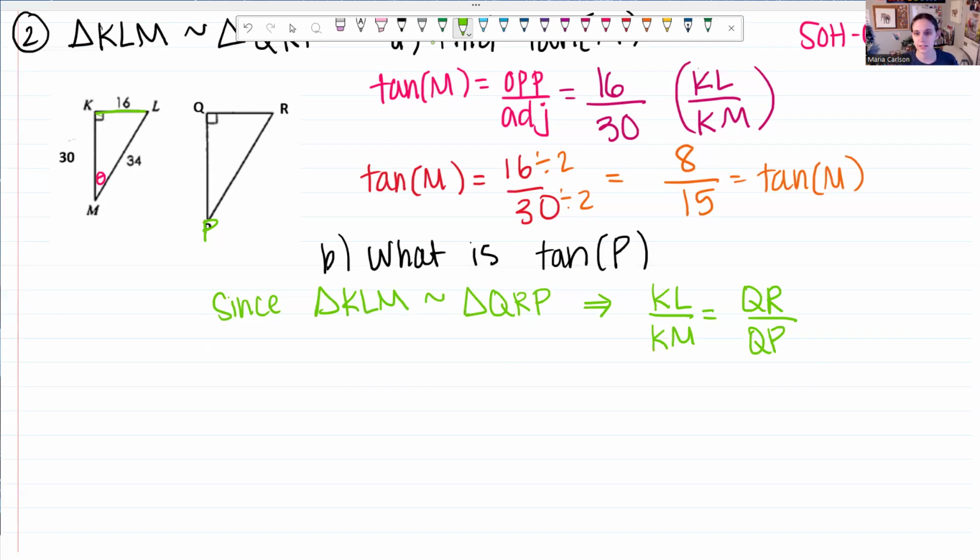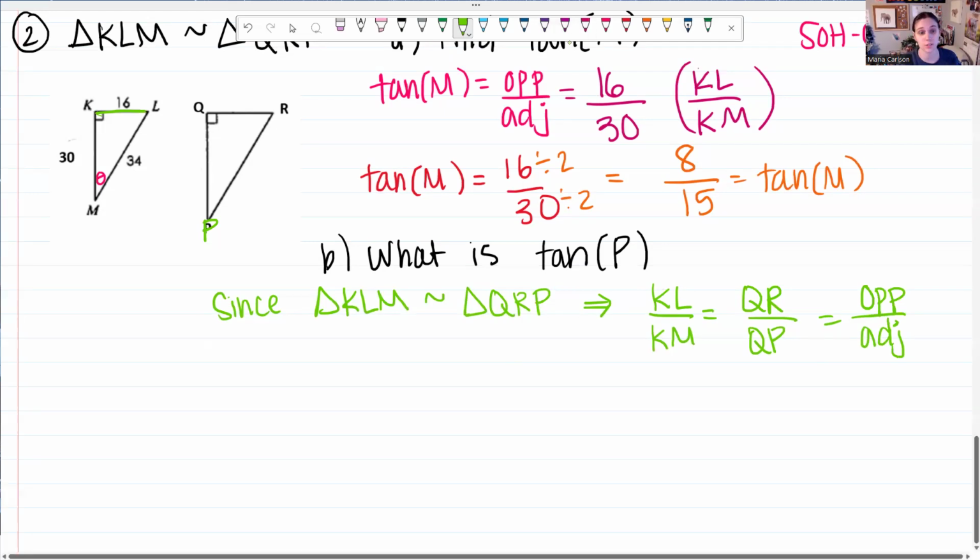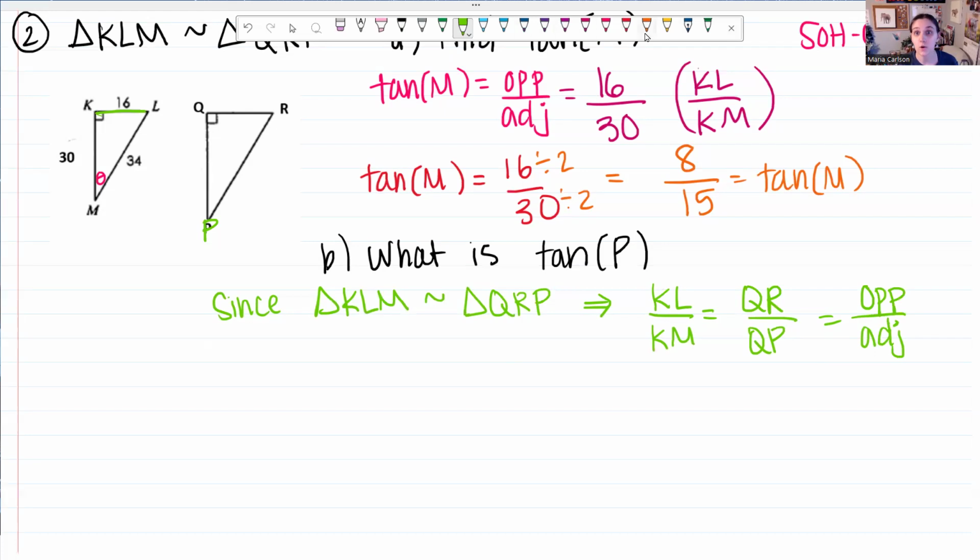So I can make this claim that the opposite over the adjacent is equal, since M and P are both corresponding angles as well. So where can I go with this? Well, I know that KL over KM, we just found that.